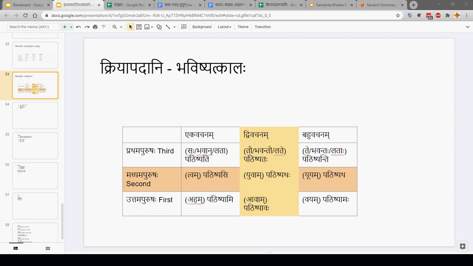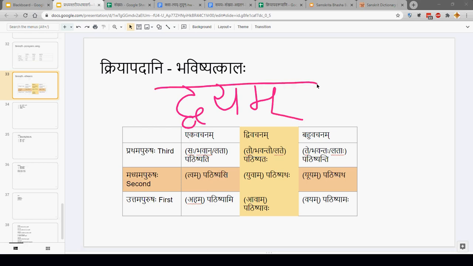In English, for example, if you want to say a couple of boys is going, a couple of fruits are falling, we can use that couple word here. Couple in Sanskritam is Dvayam.